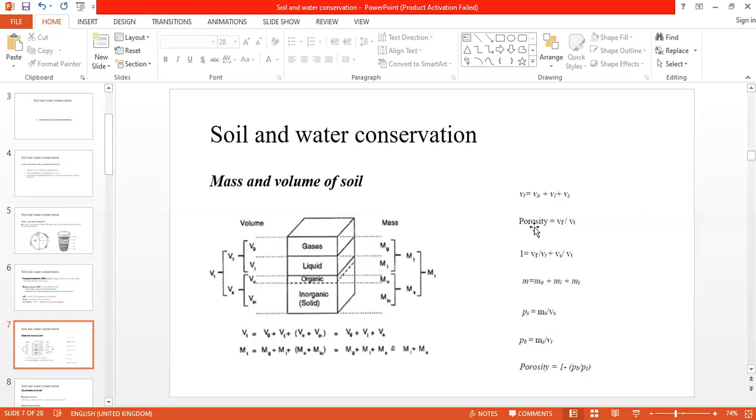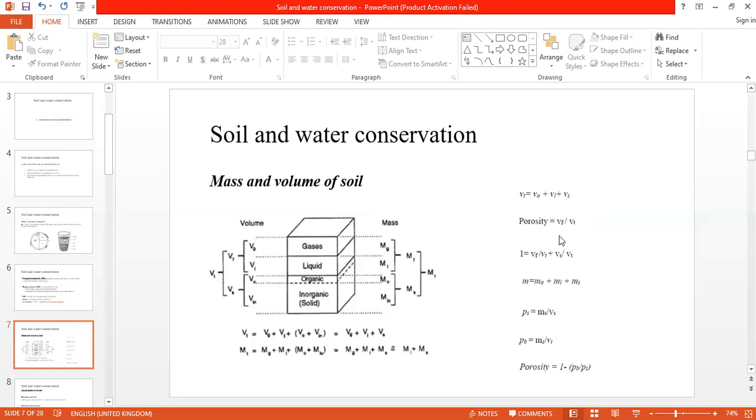That's why we're calling it porosity. In this fraction of porosity is where you have water and air. So if one increases, the other one reduces. Porosity will be one parameter that is very important in this course till the end. It's just the volume of pore spaces in the soil, and these pore spaces are where water and air are found.